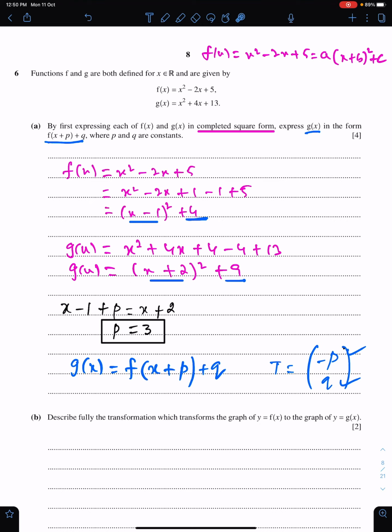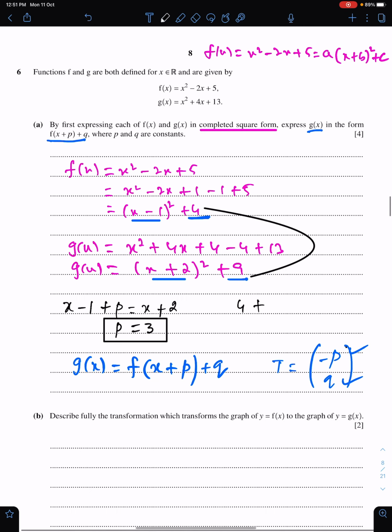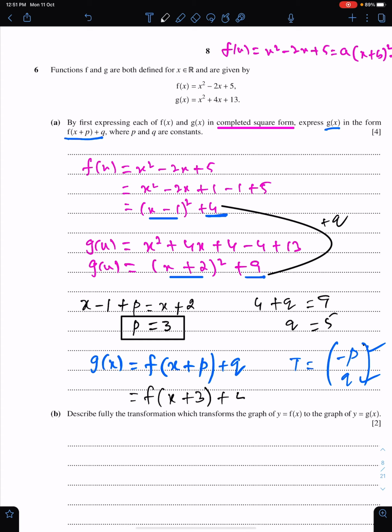And for the y component, for q, you should compare these two components. You have to add q here. So 4 plus q will give you 9. So q is 5. Therefore, f of x plus 3 plus 5 is the right equation of g in terms of f of x.